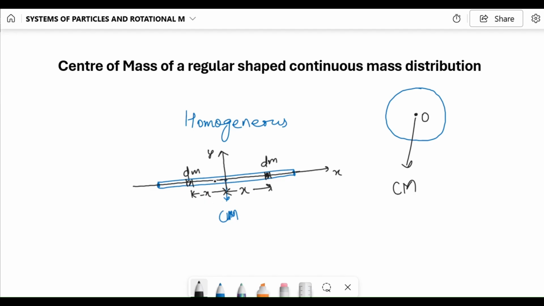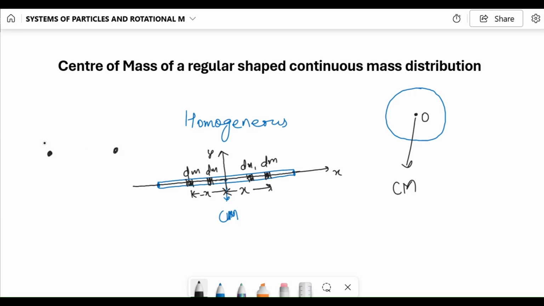Yes, there are many more pairs. If you choose another dm1 here, you have another dm1 at the same distance but on the opposite side.